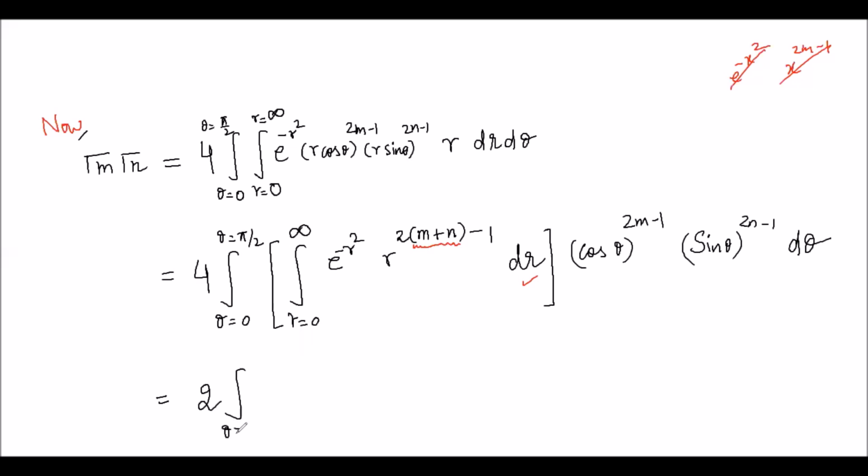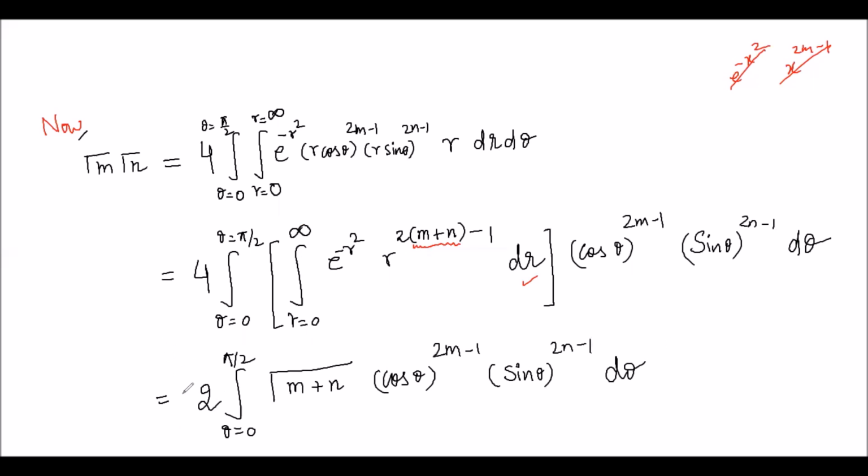Theta will be from 0 to pi by 2. And this 2 and this integrand will become gamma of m plus n, and we will have this cos theta raised to power 2m minus 1, sin theta raised to power 2n minus 1 d theta.